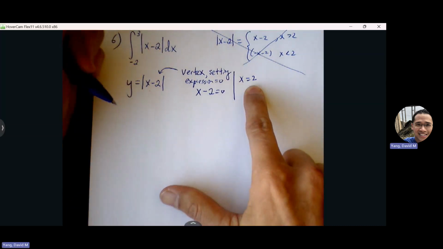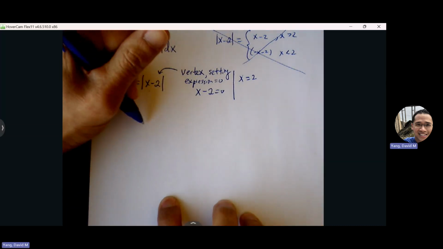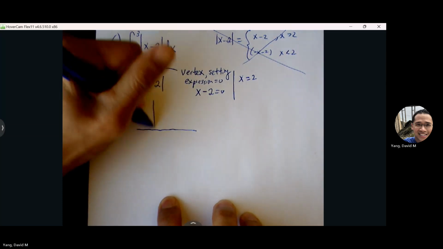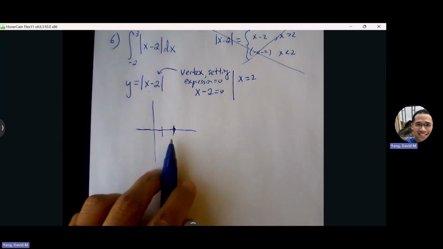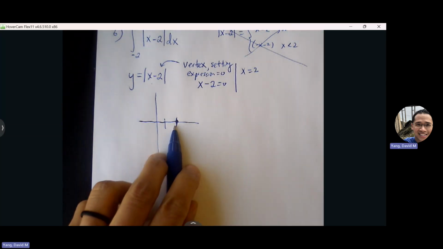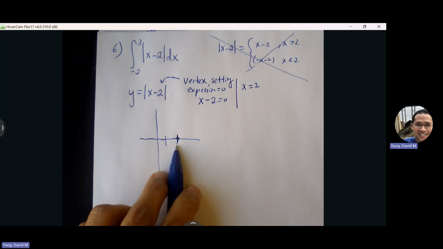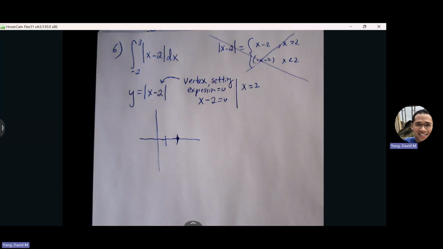Okay. Once you know where that vertex is, you're going to identify that point and put a dot at the ordered pair (2, 0). This is the vertex of your graph.